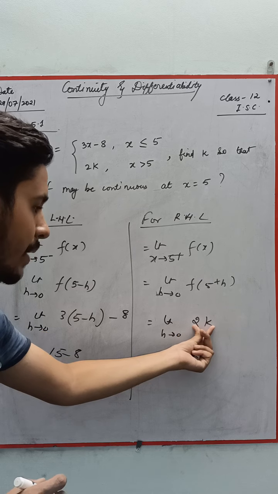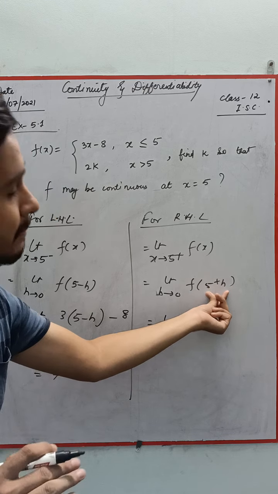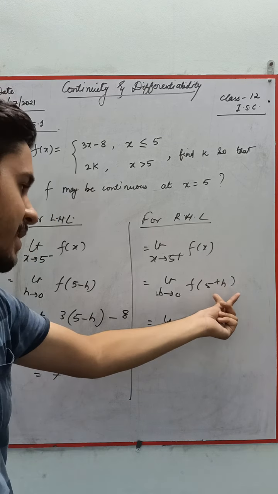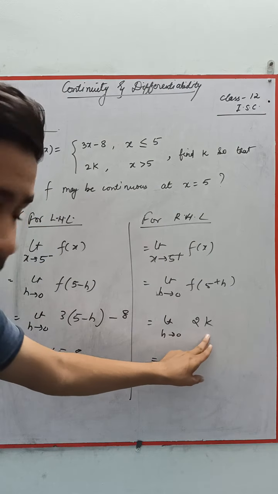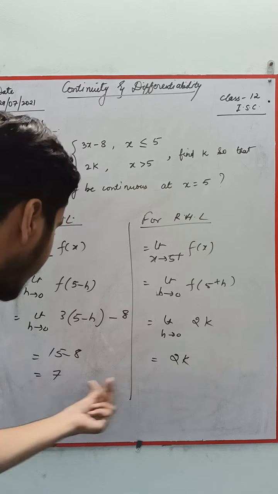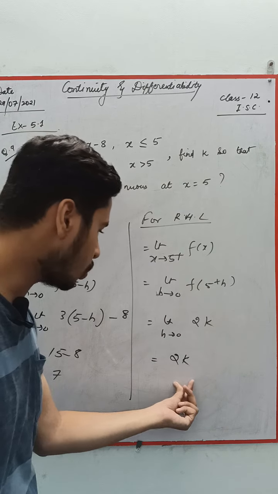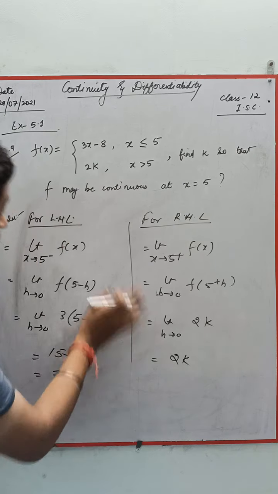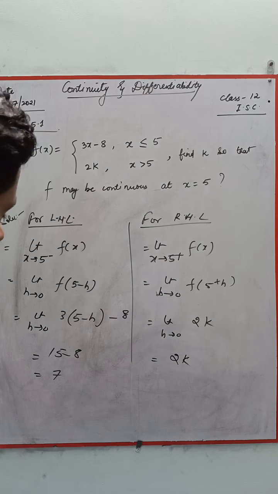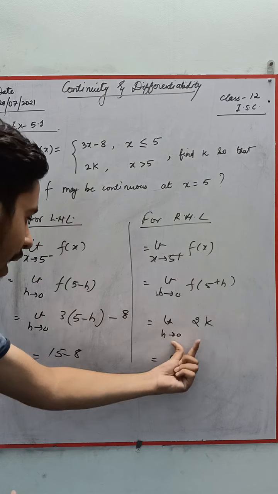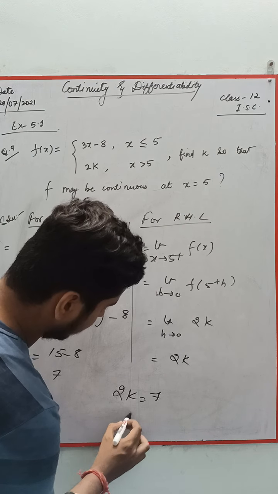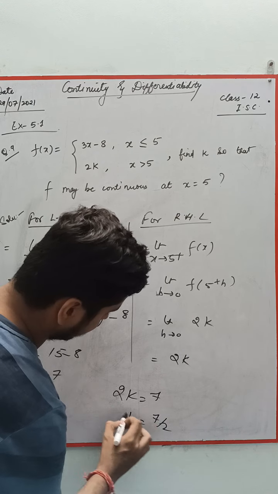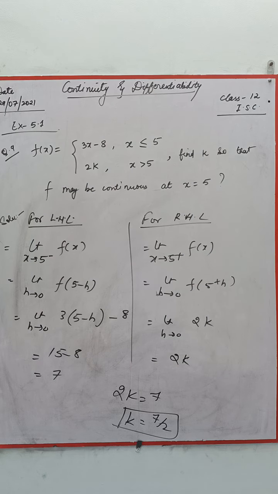As there is no x, we cannot put 5 plus h in place of x. So our answer will be 2k only, because no h is there in it. So 2k. Now can we equalize this 7 with this 2k? Because the function is continuous, we can say LHL is equal to RHL. You can write this step, and lastly 2k is equal to 7, or k is equal to 7 over 2.